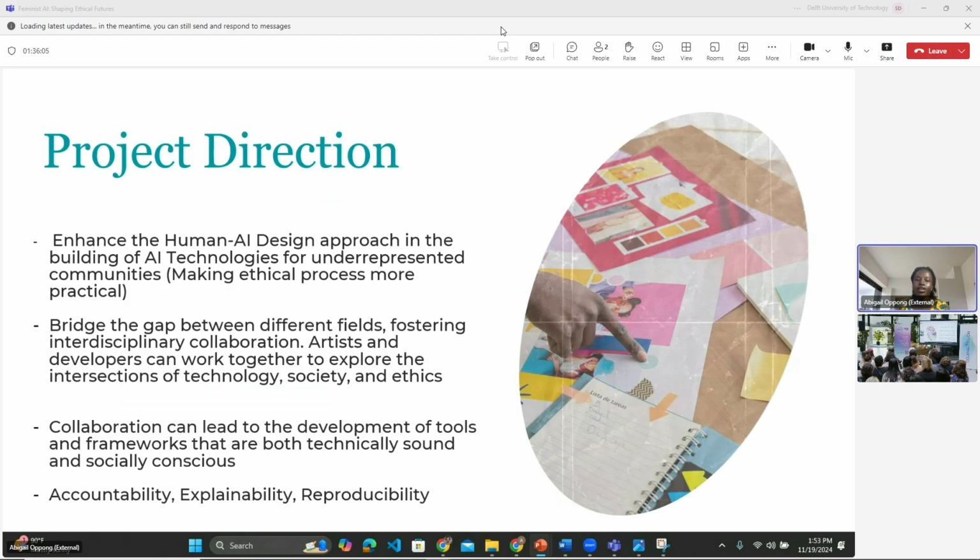In this project, I was looking at many different things, such as ways in which we can enhance the human-AI design approach in building these technologies to make them more representative of the community, bridge the gap between these different fields, and include more voices from different fields. So here we have the artist, the developer, and the researcher coming together to think through how we can make these technologies more representative of the African woman.